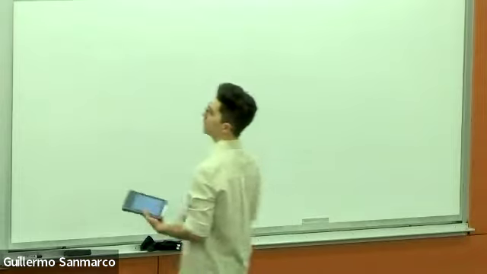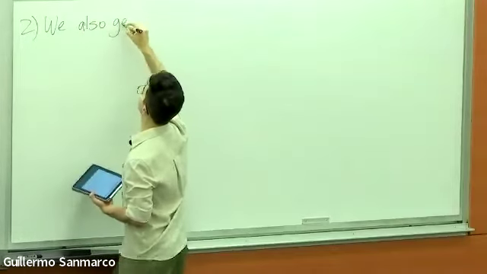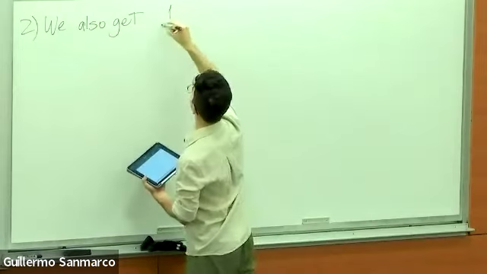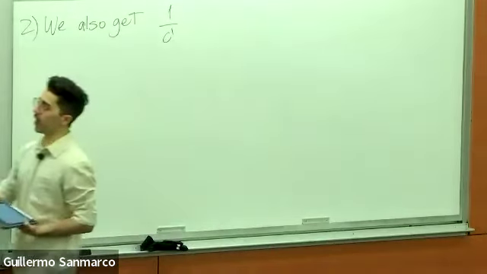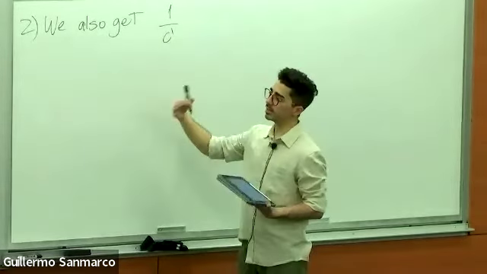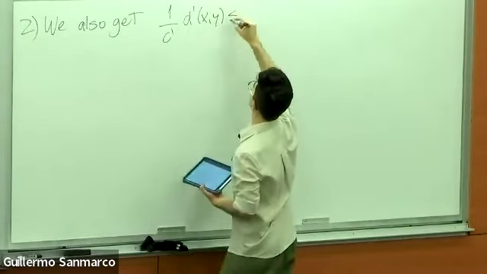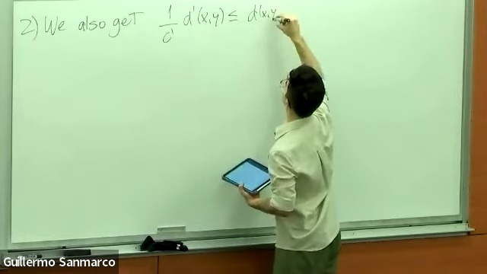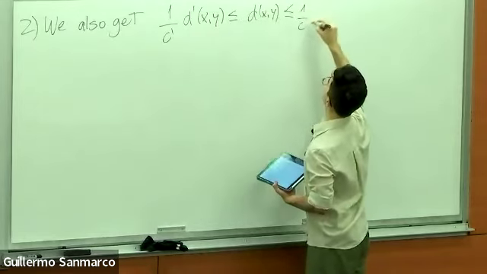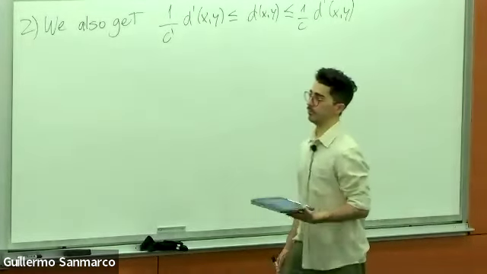Second thing I want to note, let's continue here, is if we are in that situation of the definition, we also have this thing. So you are sandwiching D prime between two Ds, but you also get D sandwiched between two D primes. This is going to be smaller than or equal to the distance from X to Y, which is going to be smaller than or equal to 1 over C times D prime.